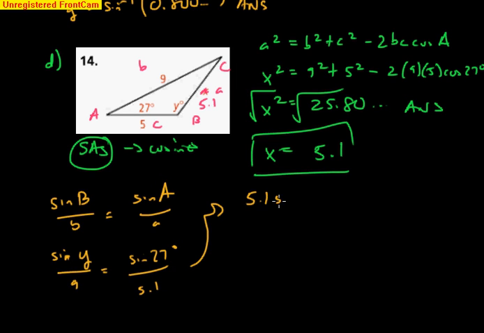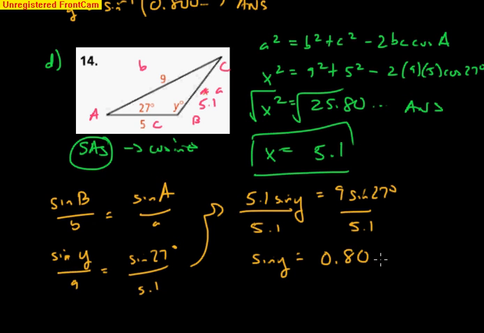So we have 5.1 sine of y equals 9 sine of 27 degrees. And then we'll divide both sides by 5.1 to get what sine of y is. And again, I'll just do this right now, and I'll leave it. So 9 sine of 27 divided by 5.1, and I get roughly 0.80... But I need to take the inverse sine now to get y.